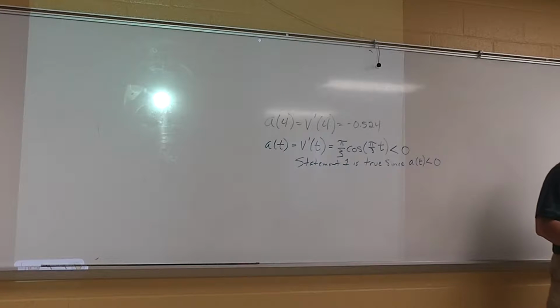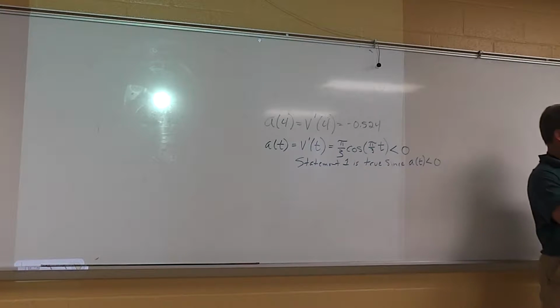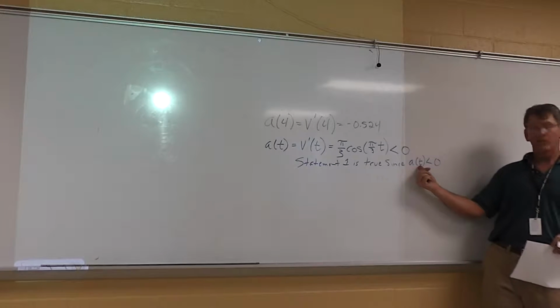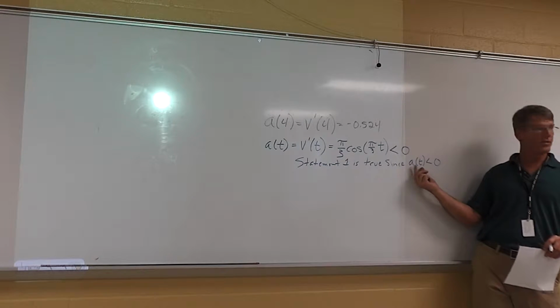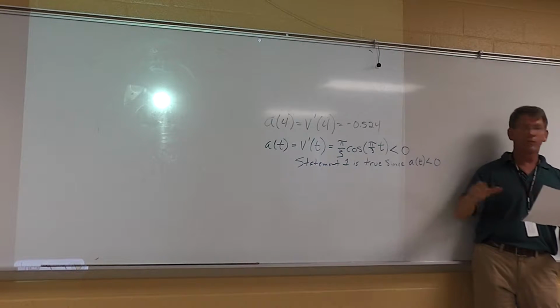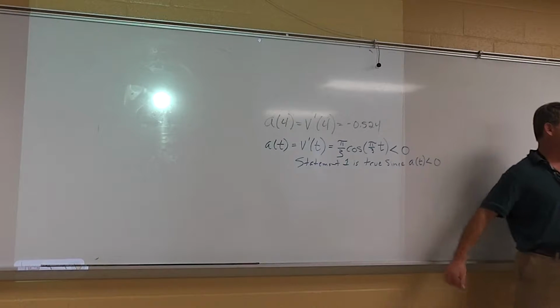You've done a local argument. You said at two spots, 3 and 4, the acceleration was negative. You've got to make some statement like a global argument. For all t's, the acceleration is negative. Now, they had already specified the interval, so I didn't really have to say on the interval 3 to 4.5. That was already kind of given in that statement.